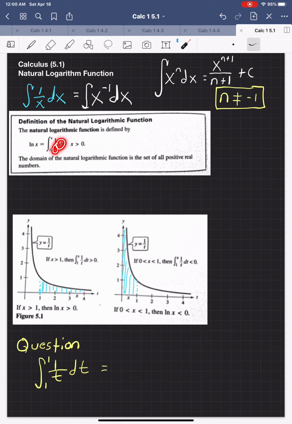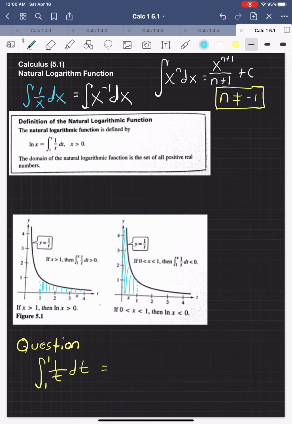Well, that t is just a dummy variable. It's a placeholder variable for right now. And the idea is if you were to integrate this with respect to t, when all is said and done, what you will get is ln of x.